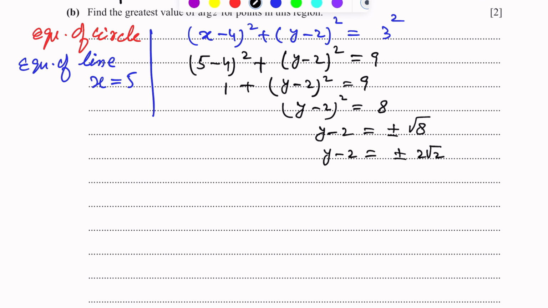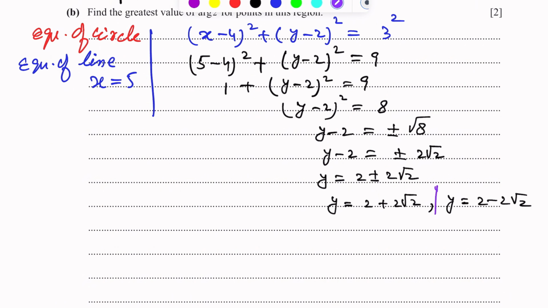So we get two values of y. y is equal to 2 plus minus 2 under root 2. y is equal to 2 plus 2 under root 2, or y is equal to 2 minus 2 under root 2.